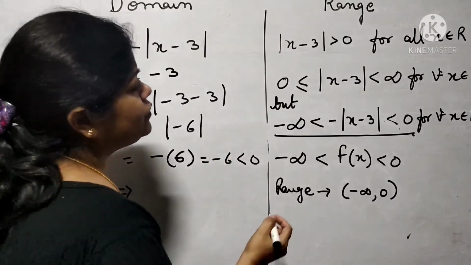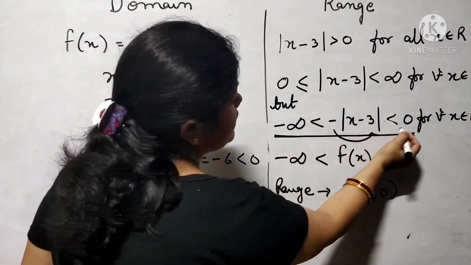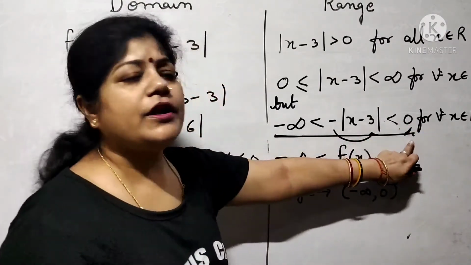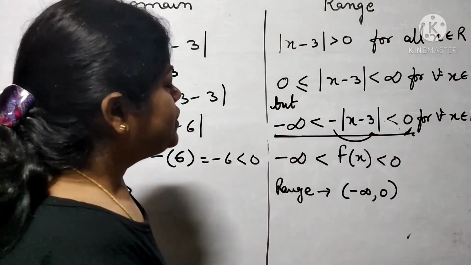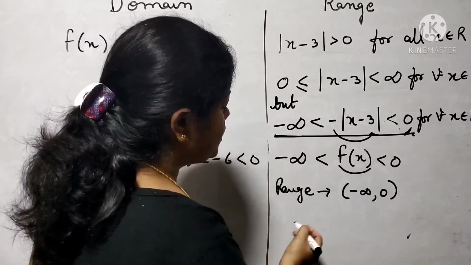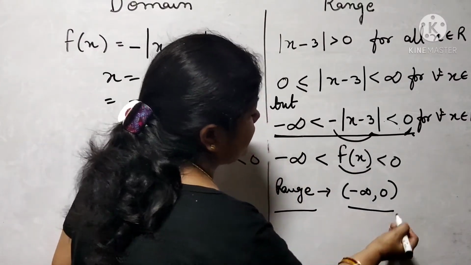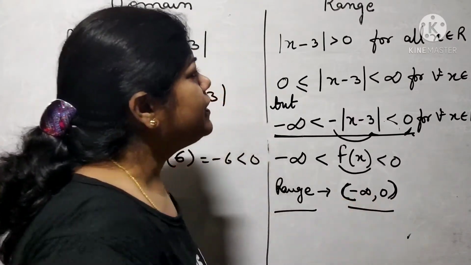So all the values of minus modulus of x minus 3 lie from minus infinity to less than 0, not equal to 0. So the value of the function lies between minus infinity and 0. So its range is minus infinity to 0, and we use the small brackets over here.